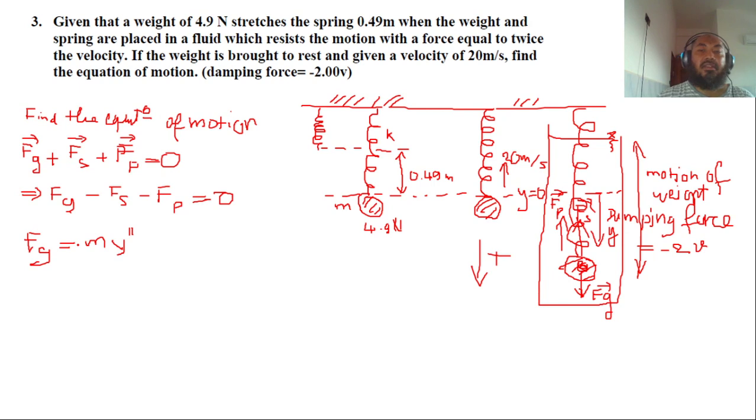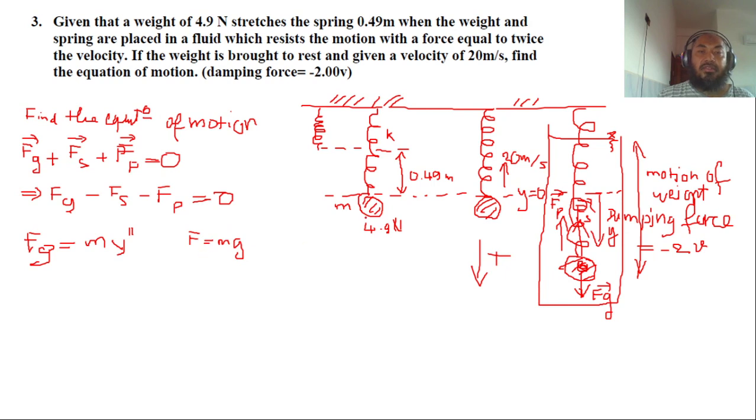So this is the mass multiplied with the acceleration. Given the weight is 4.9, usually F is equal to mg.